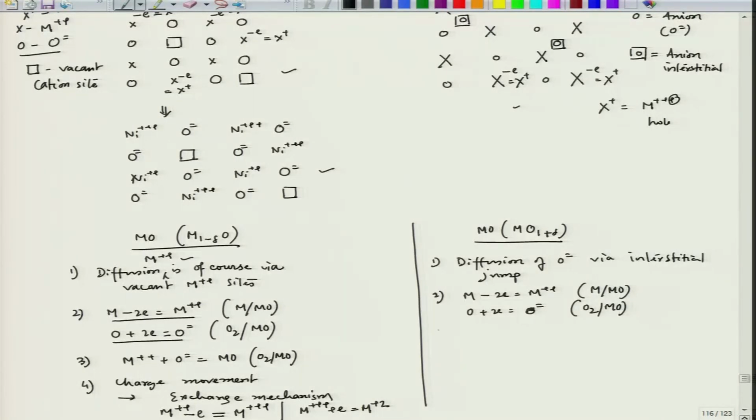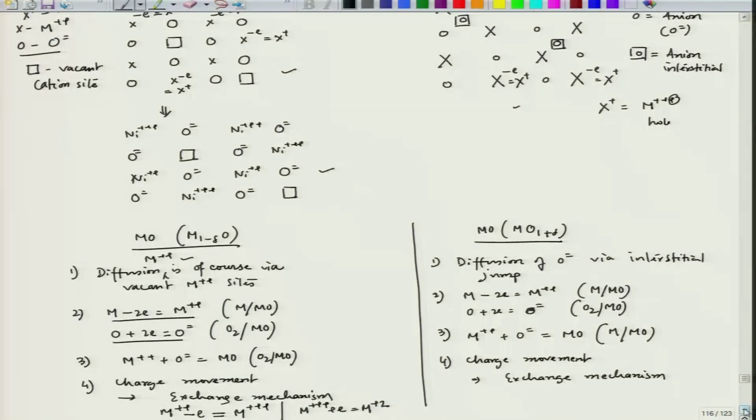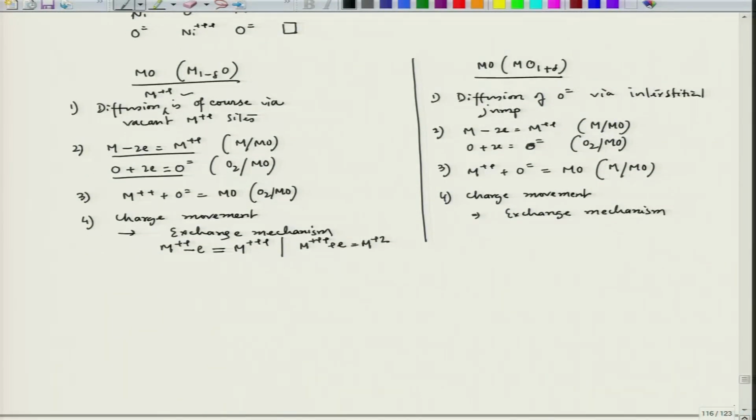Now, oxygen is diffusing, so the combination reaction between metal cation and oxygen anion forming MO would happen on the MO interface, and the charge transfer movement will be via exchange mechanism.